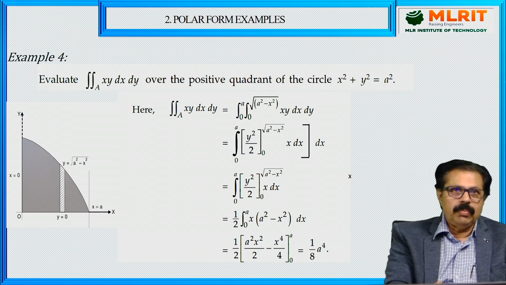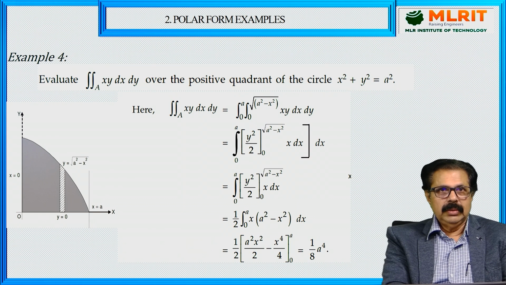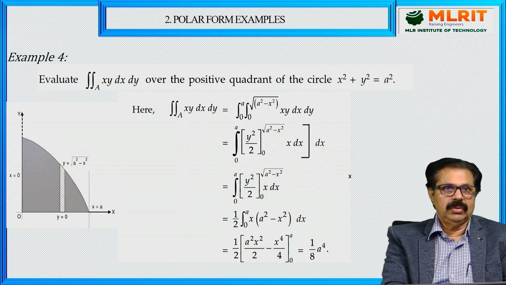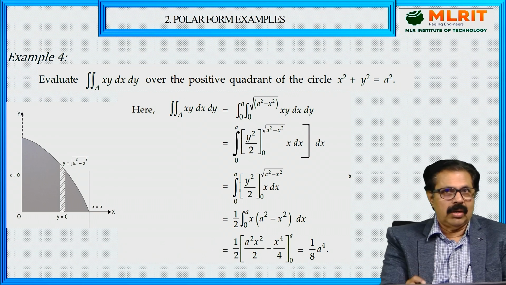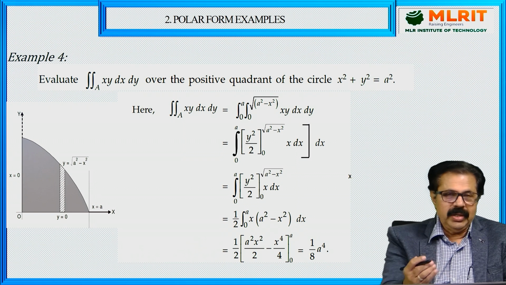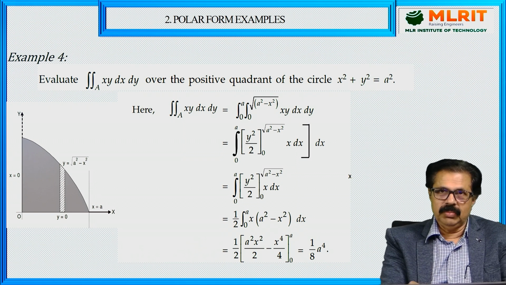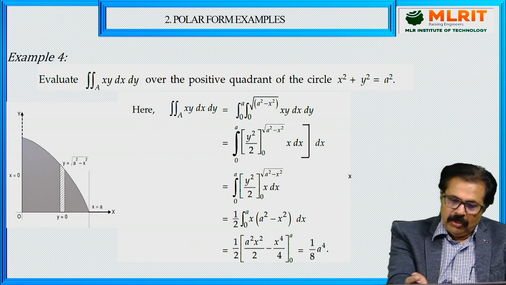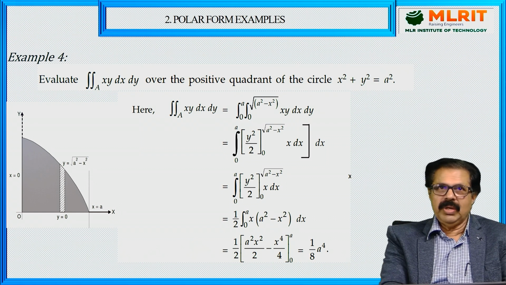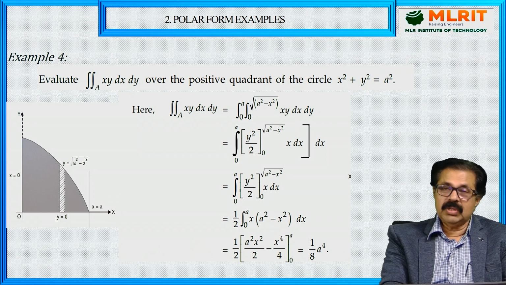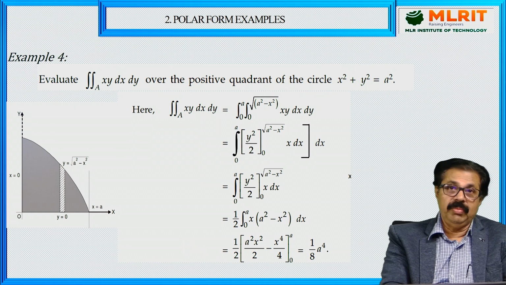This example has been taken so that you can understand that sometimes you can evaluate directly also. It's all about the integration. If the integration becomes easier, then try to do it directly by the Cartesian coordinate method. But sometimes the integrand may be very complex or tough.